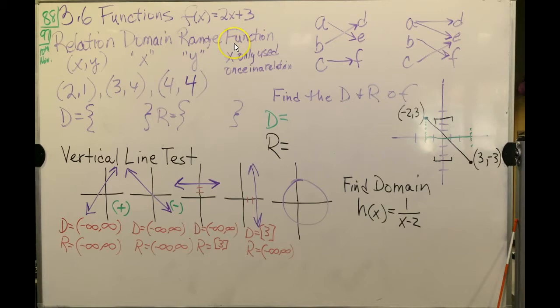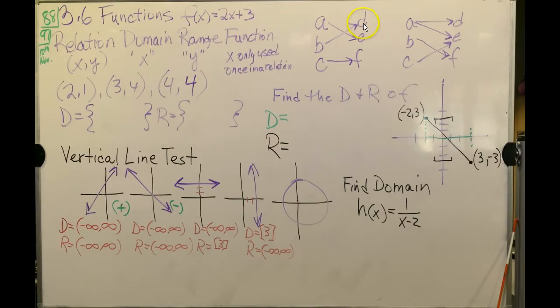And the word function, we had this special definition in which if the x element is only used once in a relation, then something is a function. We gave the illustration that these are x elements, these are y elements, and we see the x element A is only used once.